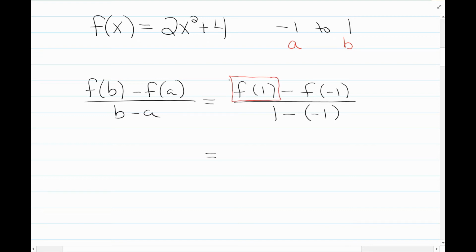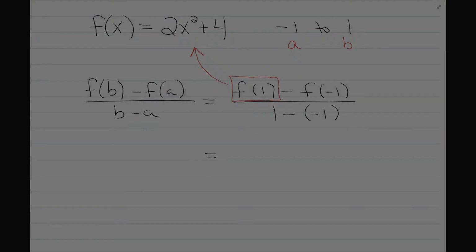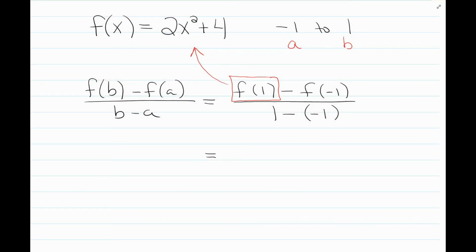That means go to the original function, and wherever you see x, you put a 1. So I'm going to write the original problem, but I'm going to put a 1 in place of the x, so you can see this fully written out.